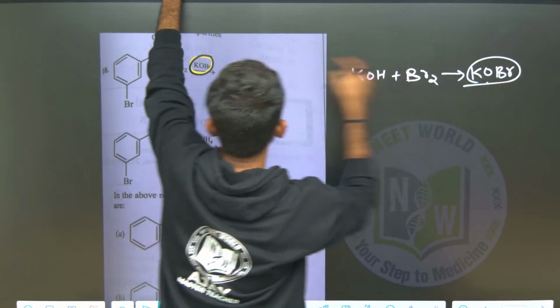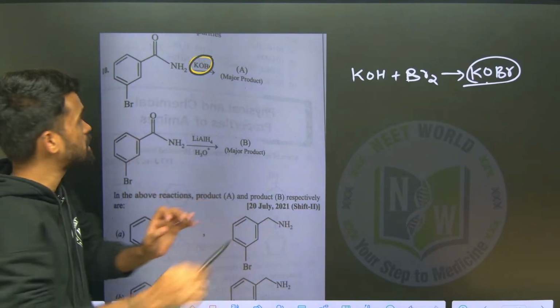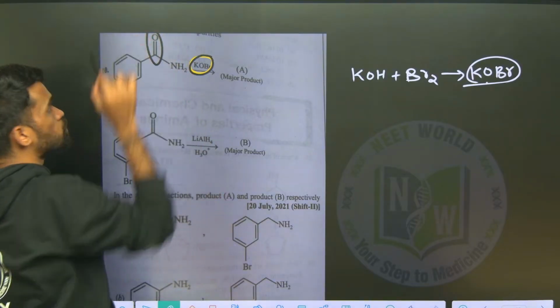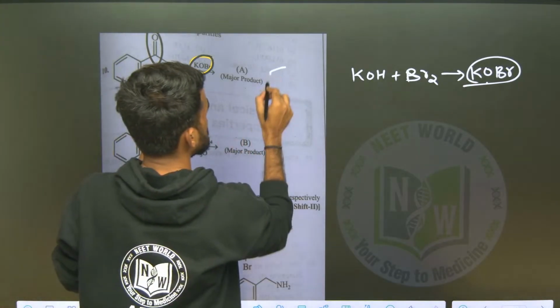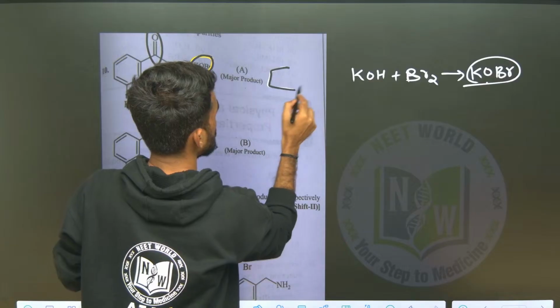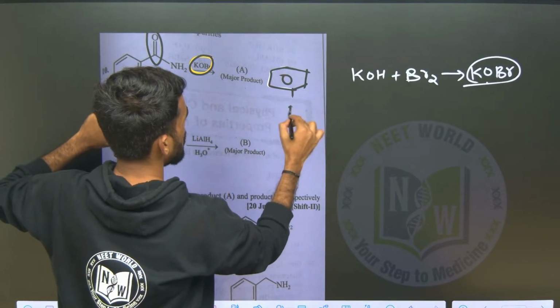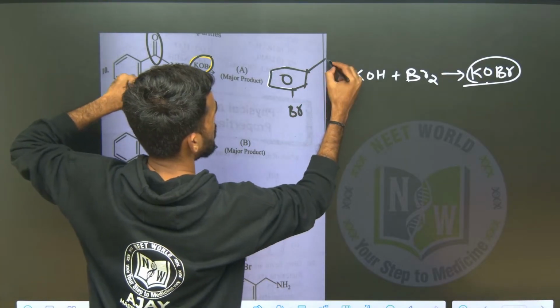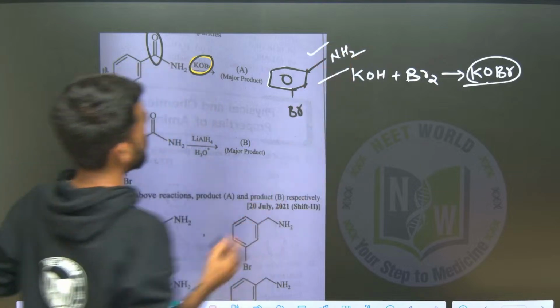So this is taken here directly. What is the major product formed? What I told you, just remove this C double bond O group and write the remaining part as it is: the benzene ring here, Br here, and nitrogen like the NH2 group here. That's it. This will be your product in the first reaction.